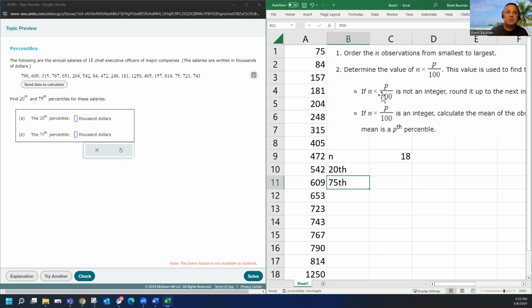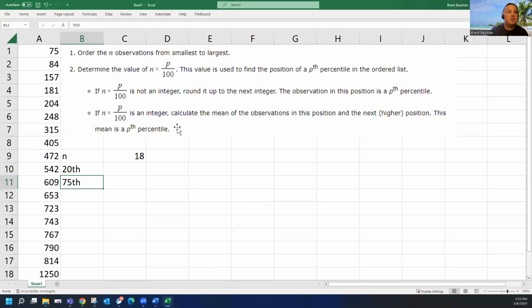So let's maximize this so we can see our options. The first step was to order them, which we took care of. Now we're going to determine the value of n times p over 100. This value is used to find the position of the pth percentile in the ordered list. So we're figuring out which number on our list is the 20th percentile, 75th percentile.